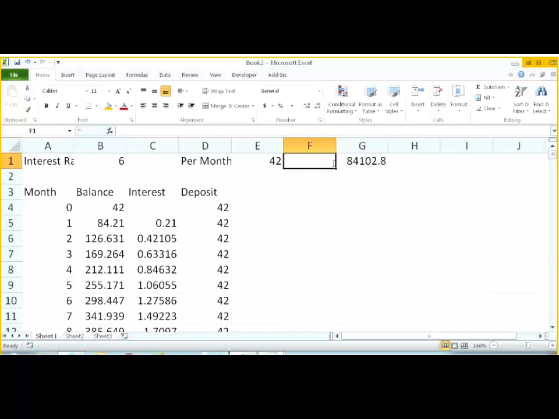Is that right? Yep. So that's my final balance. So what seemed insignificant, somewhat doable, $42 a month, $1.50 a day, after 40 years is $84,000, which is a nice, you'd like to have $84,000, I'm sure.